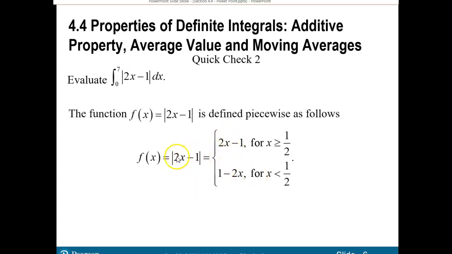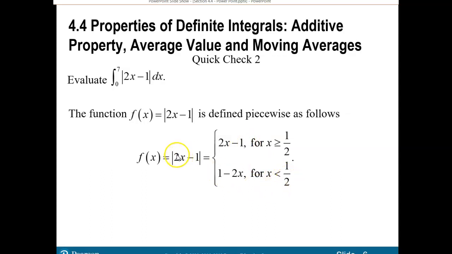All right, so the breaking point of the two pieces is the value of x that causes this expression to equal 0. So if I were to set 2x minus 1 equal to 0, I would get x equals a half. So for x greater than a half, it's just that function with no absolute value in it. For x less than a half, it's the opposite.